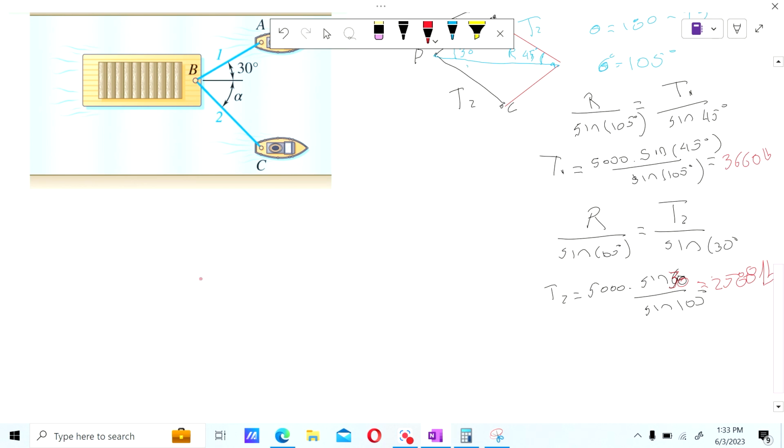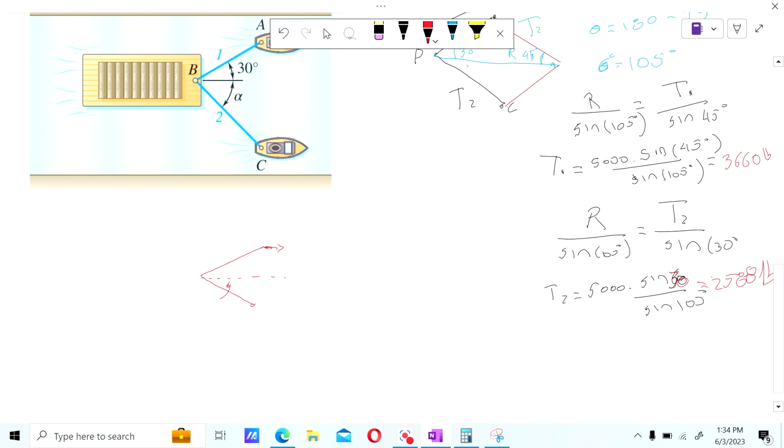So let's try it again. This boat is going to be pulling with whatever force it's doing. Hopefully you can visualize it. Let me try to help and see what they mean.